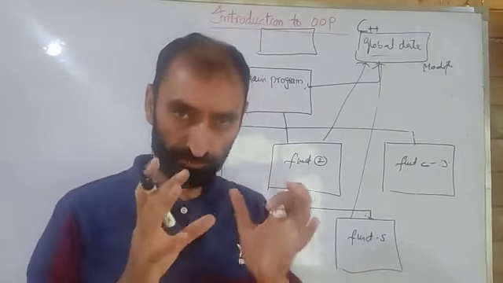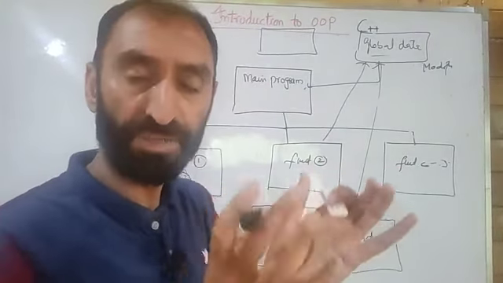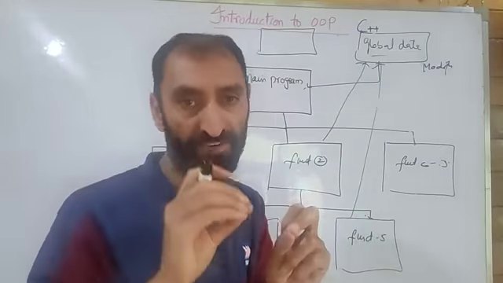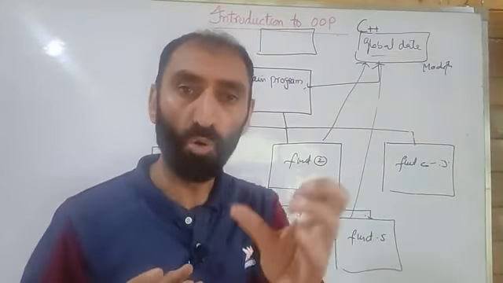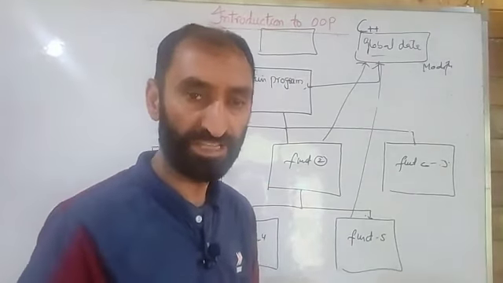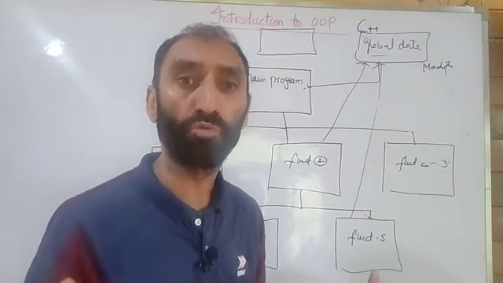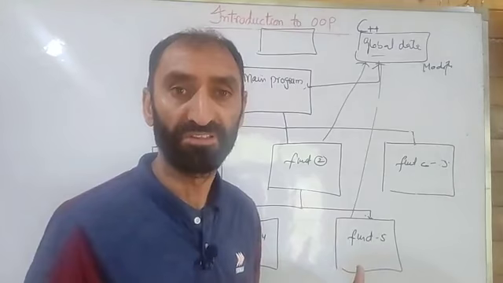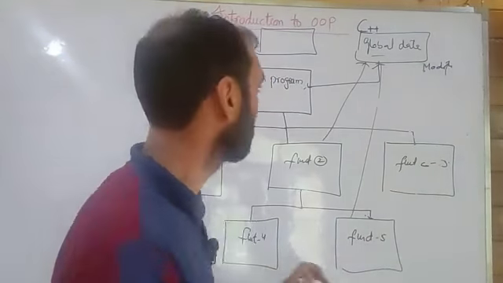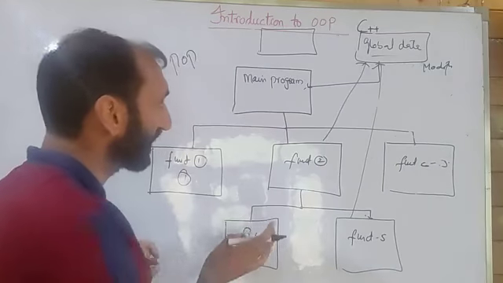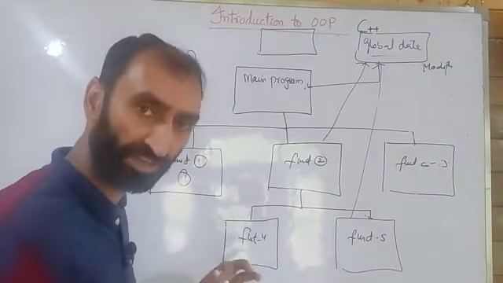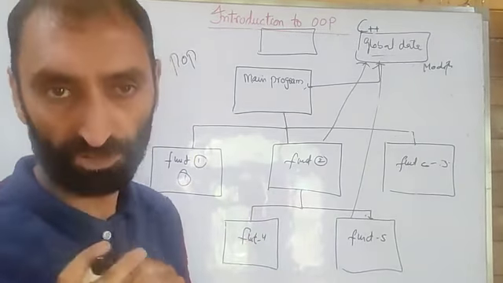In procedural oriented programming, the data has been given the second preference. First preference is given to the procedures, or you can say the code or the algorithms. That means the importance is given to how to do, rather than what to do. The priority is given to the procedures rather than the data.